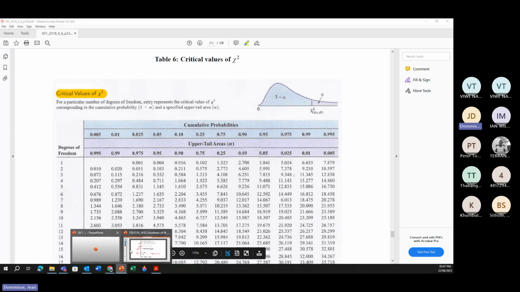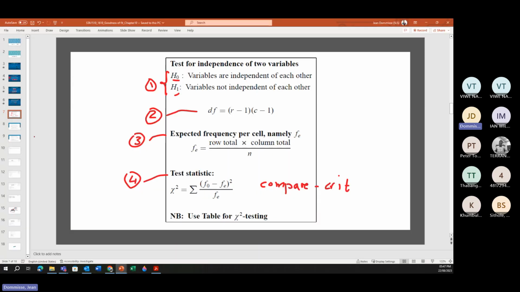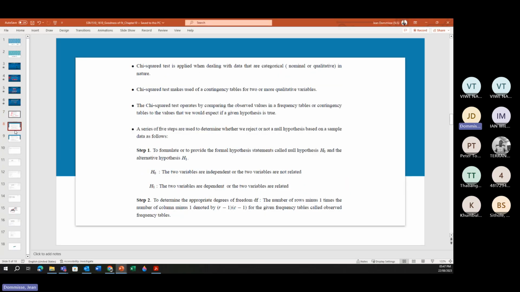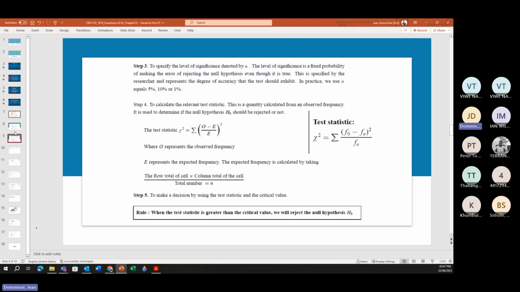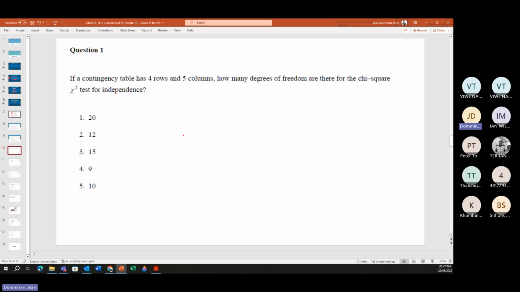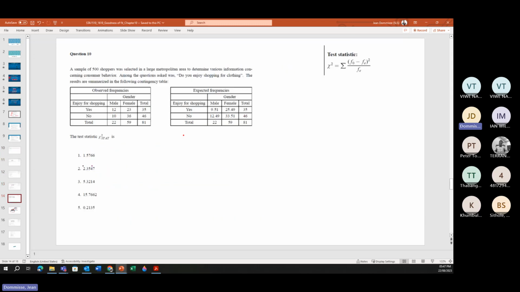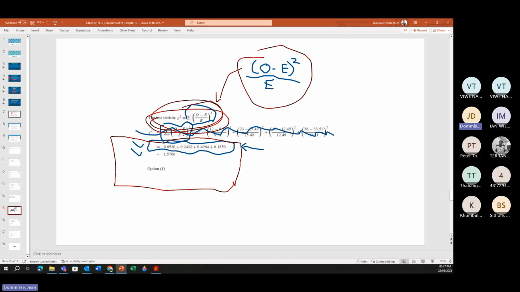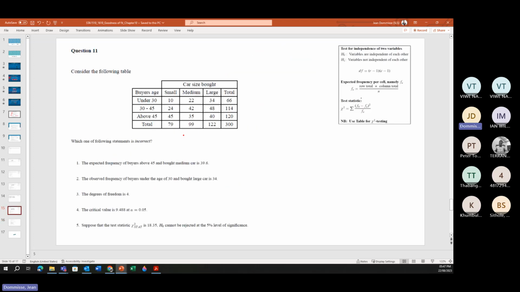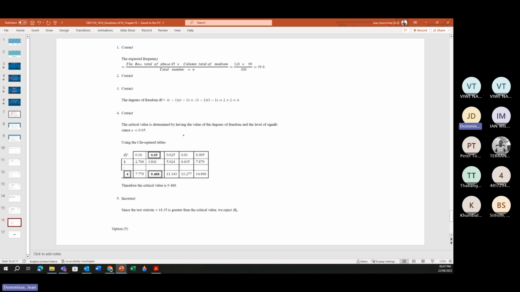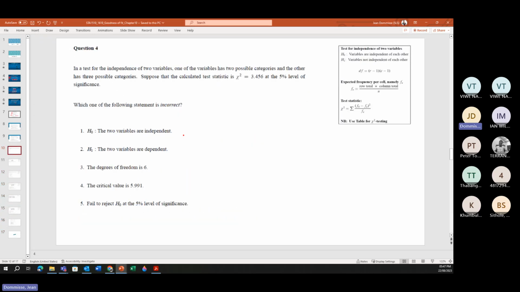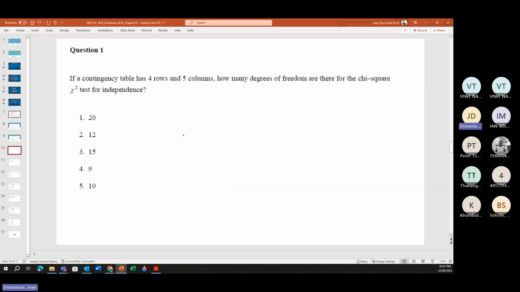Okay, so let's get into what we need to do. You will see there's a few different questions here that we will go through. The first one is you're looking at a contingency table.